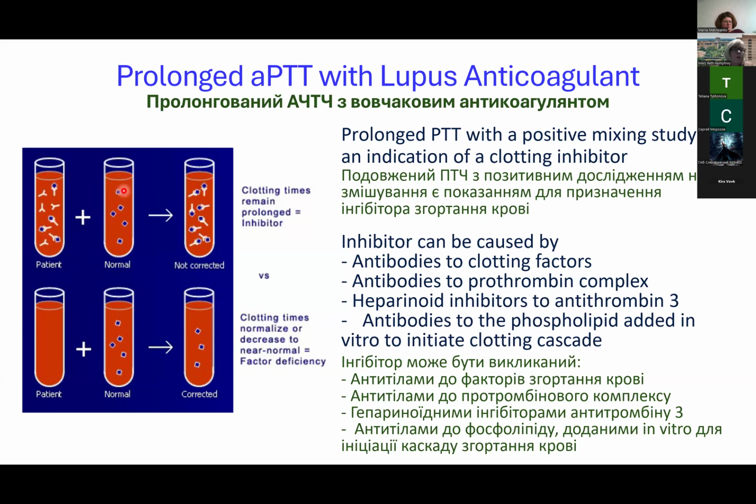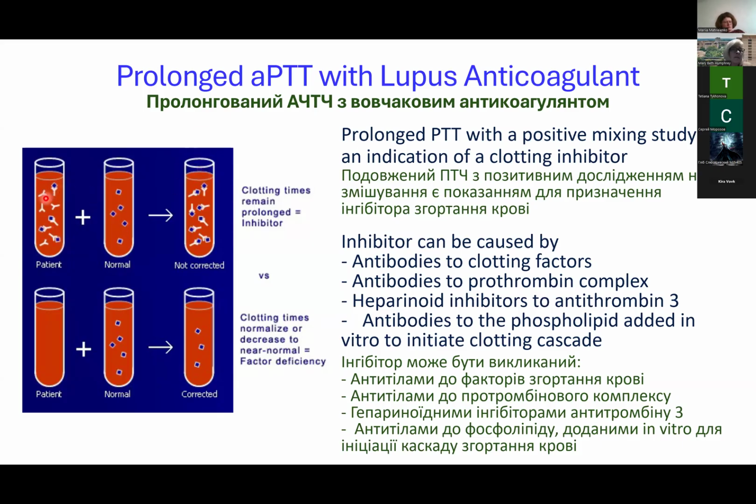If you put normal serum in, there are no antibodies, but there are now fresh phospholipids. And with these fresh reagents or fresh clotting factors in here, it should correct if this is not an antibody.